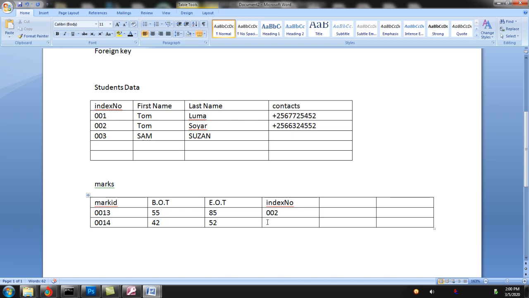And this mark belongs to the same person, 002, which is Tom Sawyer. That means Tom Sawyer has scored in BOT for the first exam, maybe math, okay, 55 and 85. Good. And then he scores biology 42 and end of term 52. Same person, but different subjects.